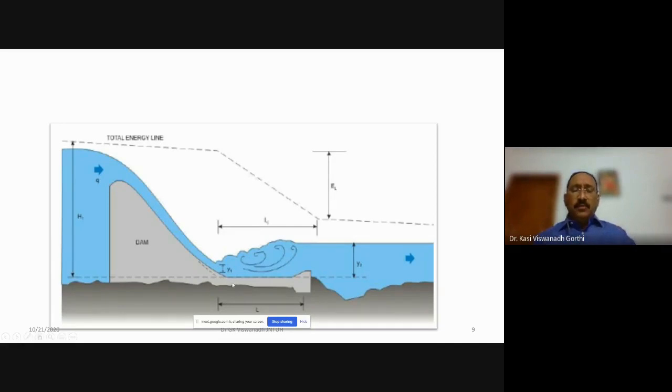So at the downstream foot of the spillway, a solid concrete apron will be provided. Several other measures also will be taken up. Let us see how to fix the total length of the apron and what other devices are required to dissipate this excess energy. We shall see.